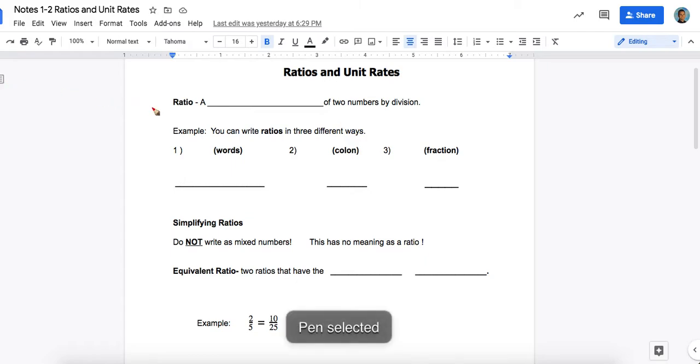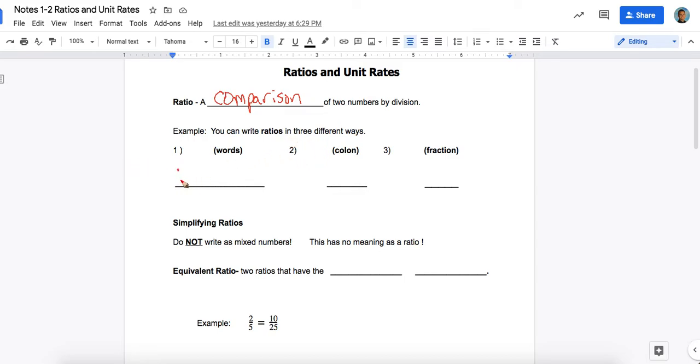So remember, a ratio is a comparison of two numbers by division. For example, you can write ratios in three different ways.